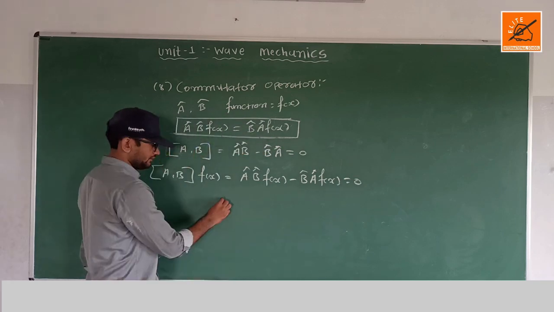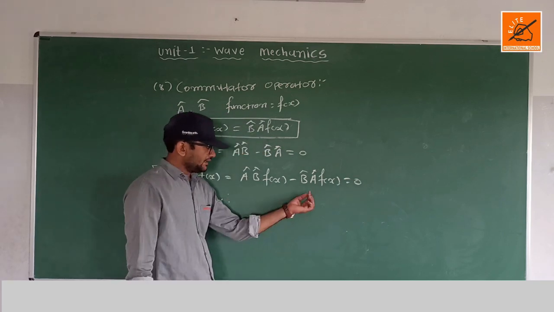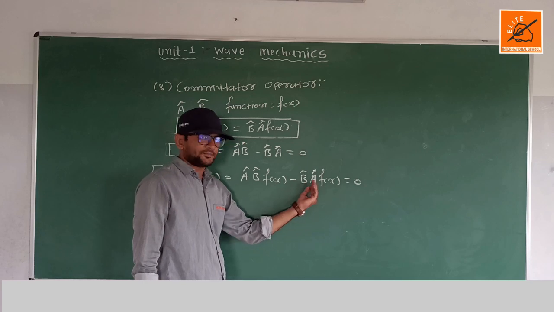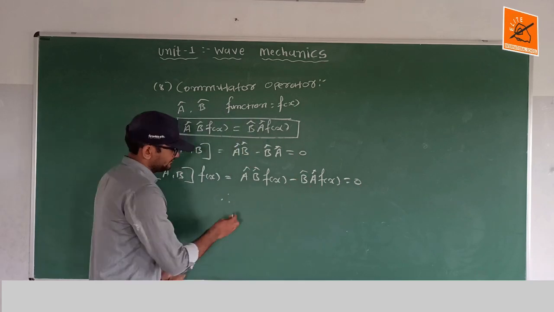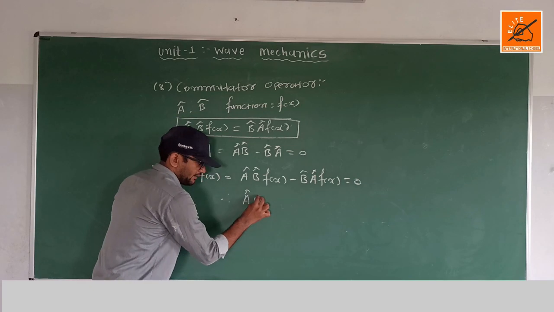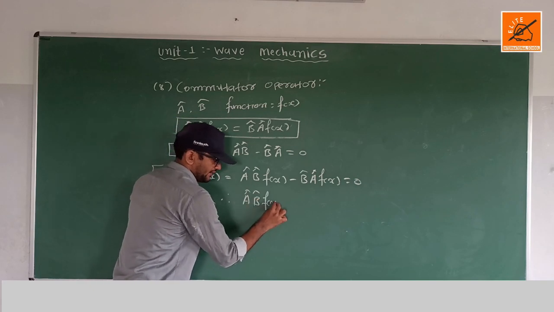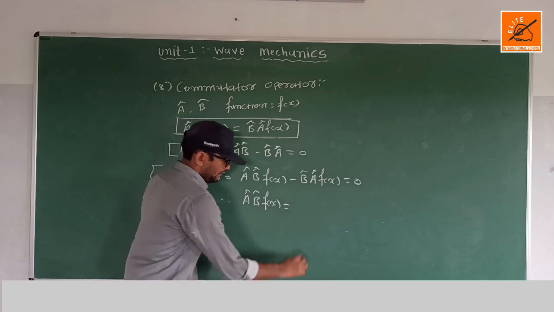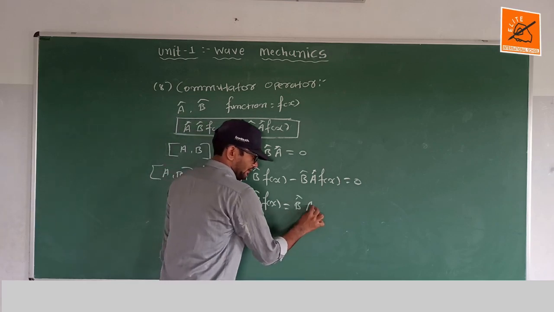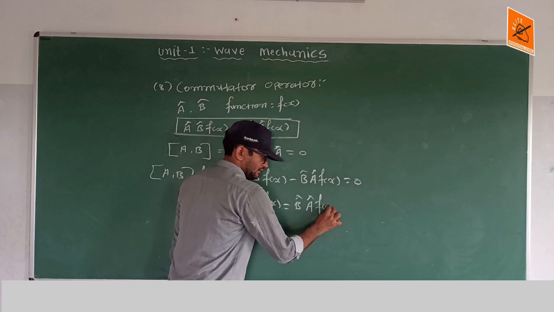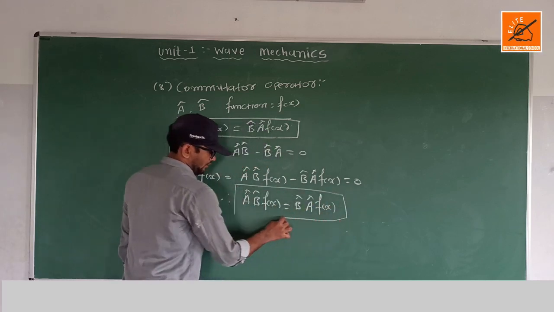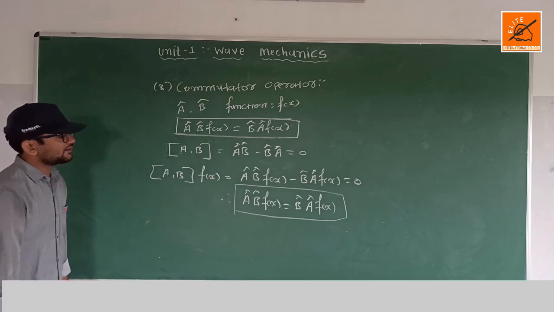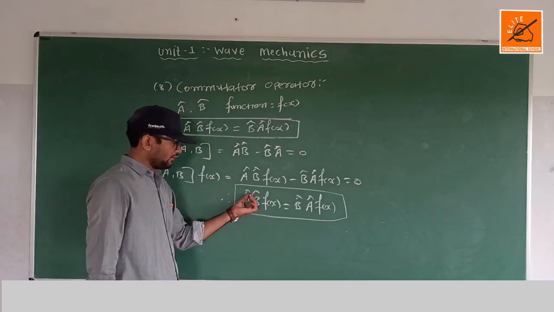Therefore, moving b cap a cap f(x) from the left-hand side to the right-hand side, it becomes plus. Therefore a cap b cap f(x) is equal to b cap a cap f(x). So this is the basic condition for a commutator operator.